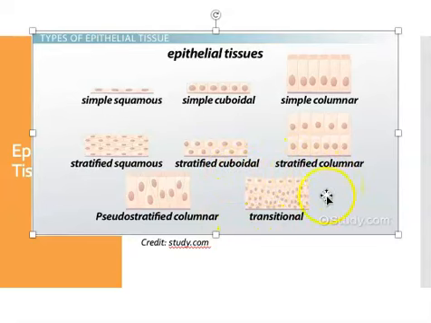The thing to remember about transitional epithelium is just that this is an epithelium that is multi-layered and very changing in its appearance. This is an epithelium that has to be able to change its cell shape in response to stretch.